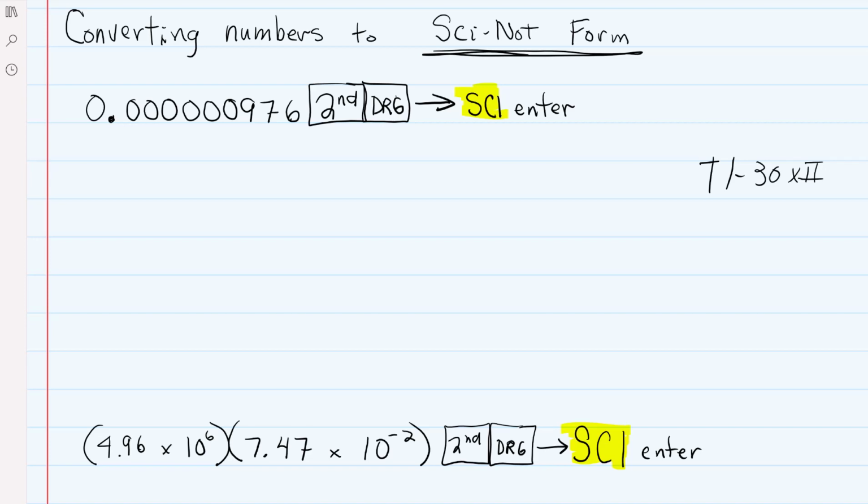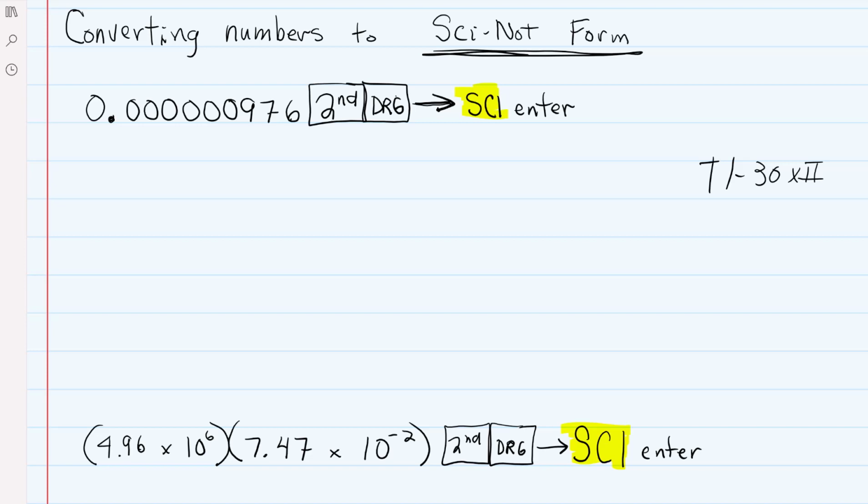These are the keystrokes for that, but it'll be similar with another scientific calculator. So you type in the number, you hit the second button, then the DRG button, and then there are three options. You arrow over one time until it says SCI, short for scientific notation, and hit enter.